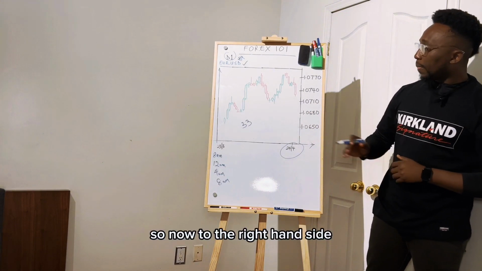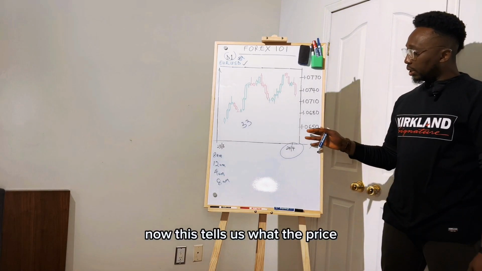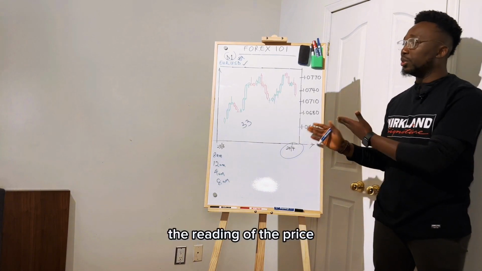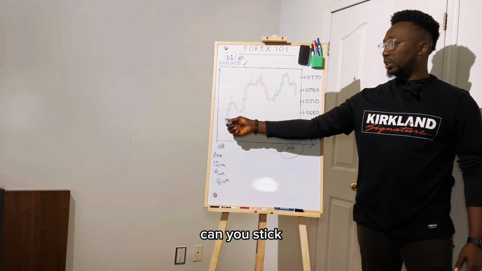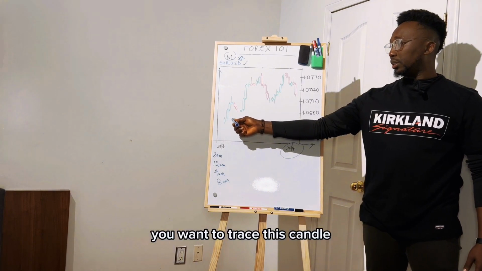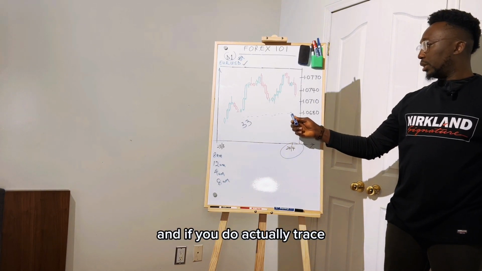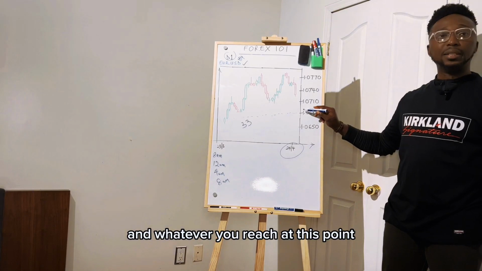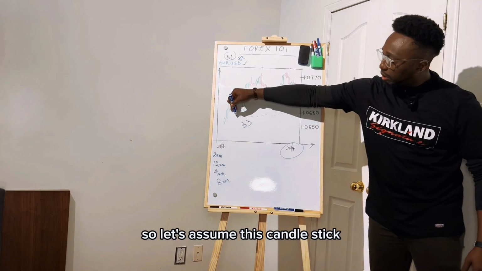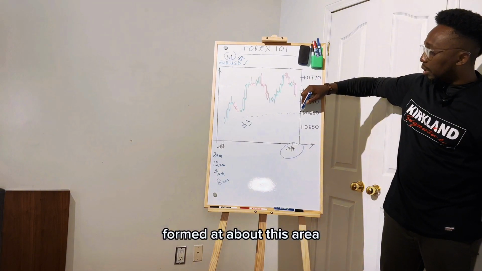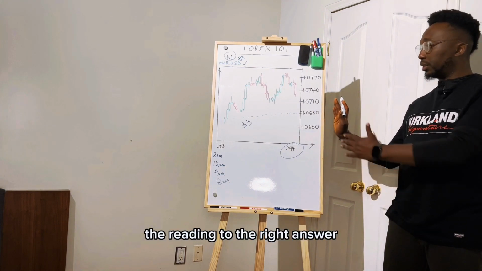So now to the right hand side, you want to observe a couple of numerics here. Now this tells us the reading of the price, and I'm going to take an example. Looking at this first candlestick, you want to trace this candlestick to the right hand side, and whatever it reads at this point, that is the price. So let's assume this candlestick formed at about this area, then you're having 1.065 as the reading to the right hand side.